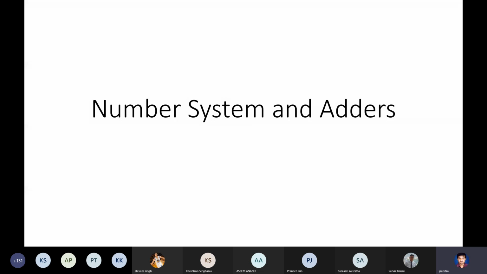Almost everything that we do in a computer or any other digital circuit, say a sensor network or something, deals with numbers. So it's sort of the earliest thing that people did in a digital circuit was to represent numbers and manipulate or do operations on the numbers.